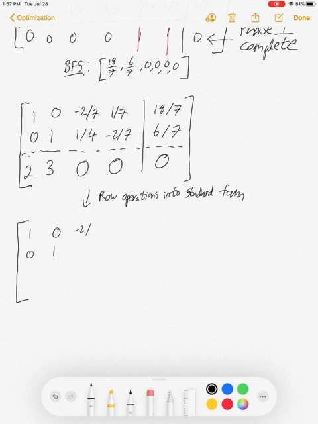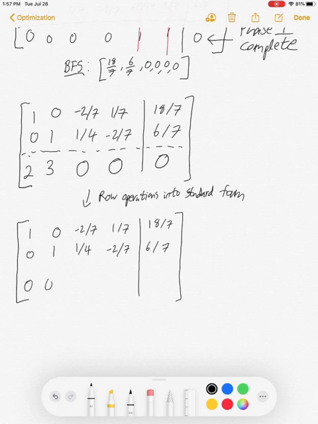So the first 2 rows aren't going to change at all. Great. And if I subtract off twice the first row and 3 times the second row, I end up in the last row with 0, 0, 5/14, 4/7, and -54/7.